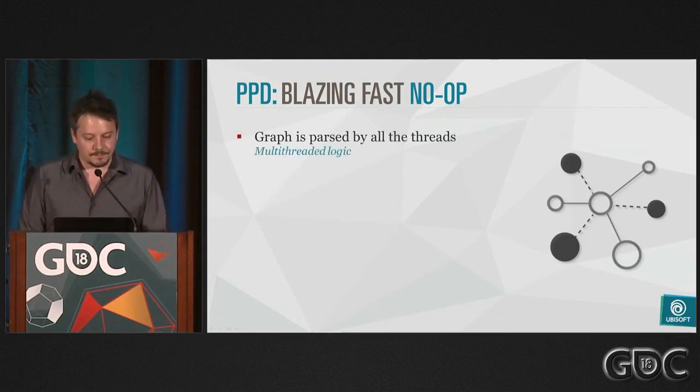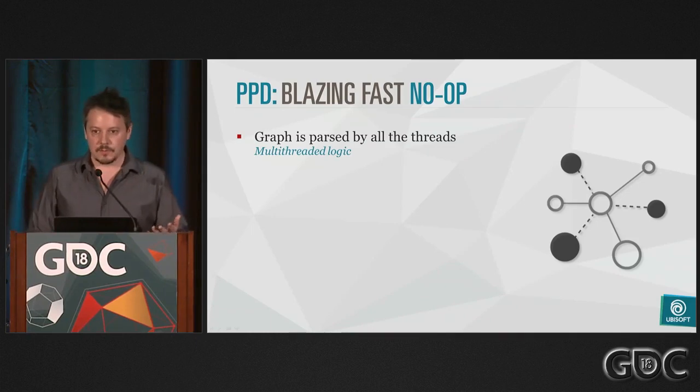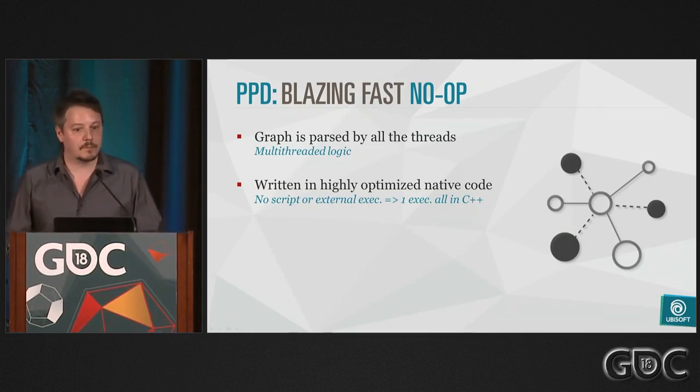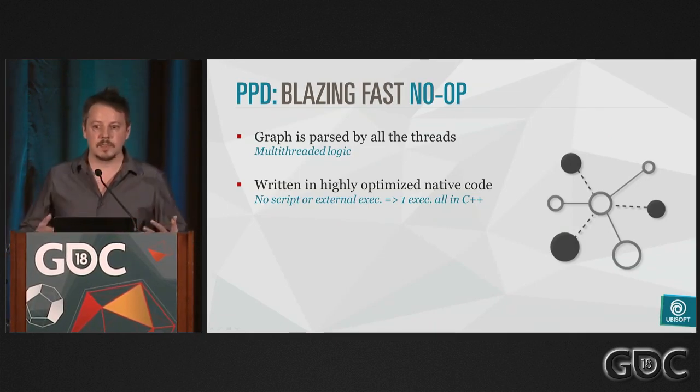In our case, as we just saw, the graph logic itself is completely multi-threaded because everything is a task in our graph. The entire logic is also written in highly optimized C++. Many build systems out there are making calls to external executables or calling scripts or making that kind of stuff, which makes the build long just to evaluate the graph. In our case, everything is written in highly optimized C++ in just one executable.